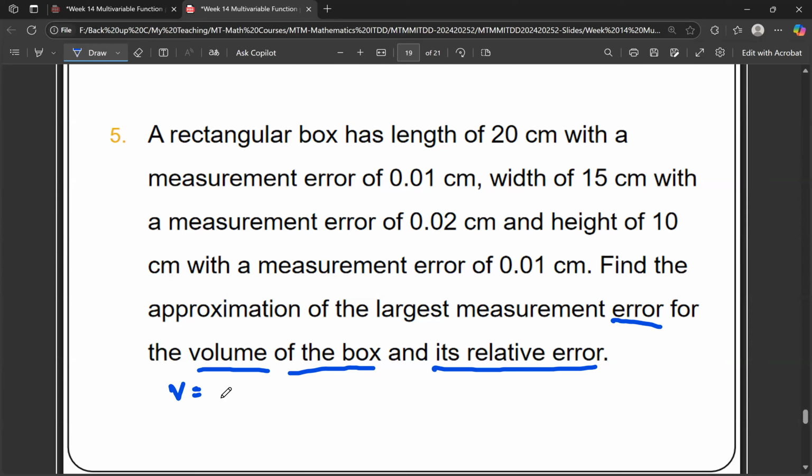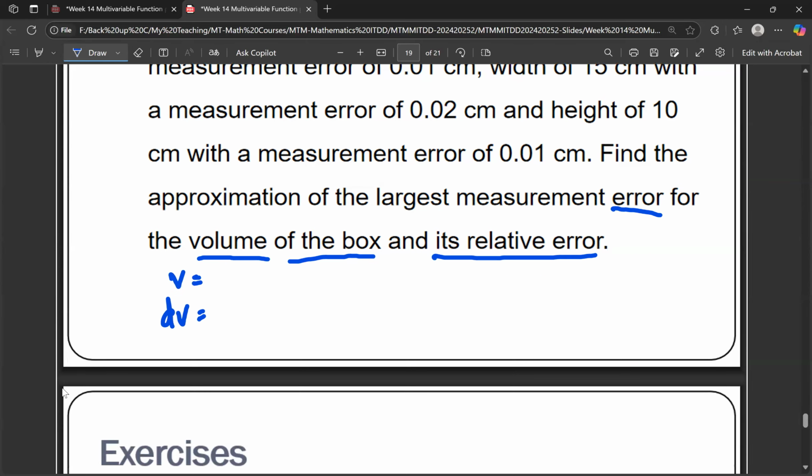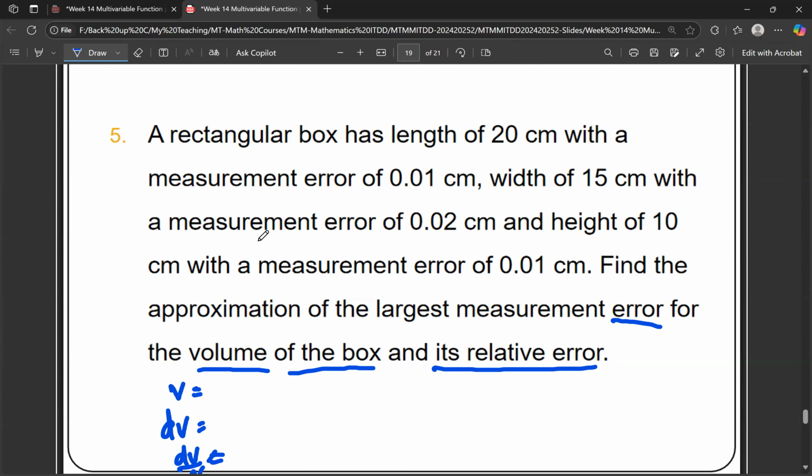Also, we must find V, we must find dV as an approximation with delta Z, and then we must find dV divided by V. So please do it as we did in the previous one.